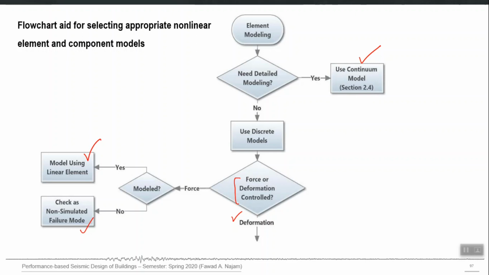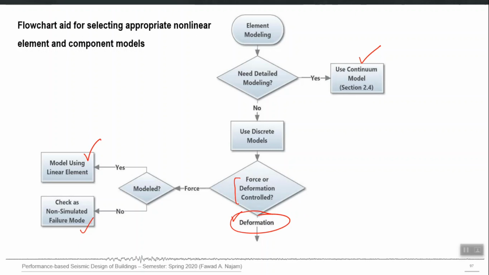If you define it as deformation controlled, you will give a complete shear deformation versus shear action curve. So it will not only tell whether shear failure has occurred or not, the program will be able to tell how far it goes beyond the capacity, right? This is when you define shear as a deformation controlled action.